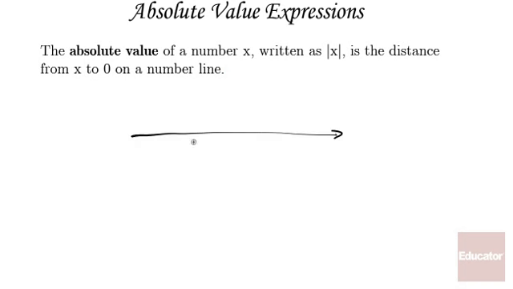For example, if you have the absolute value of x equals 3, what you're saying is that this number is 3 away from 0 on the number line. 1, 2, 3.